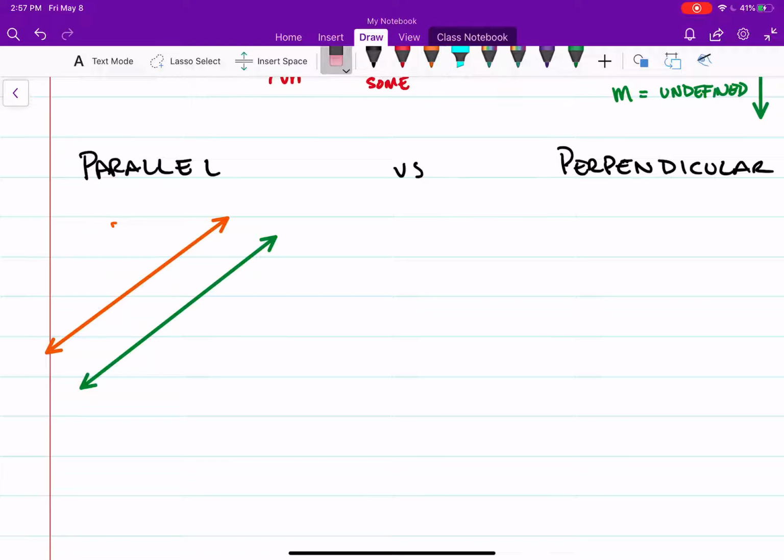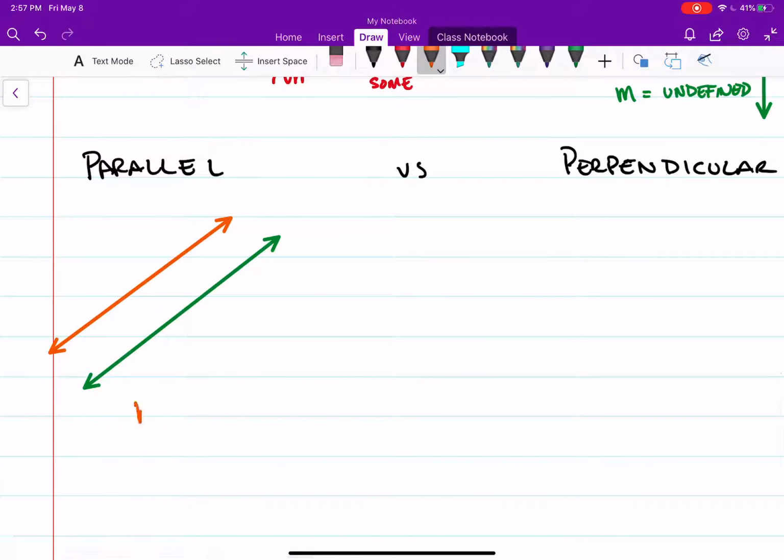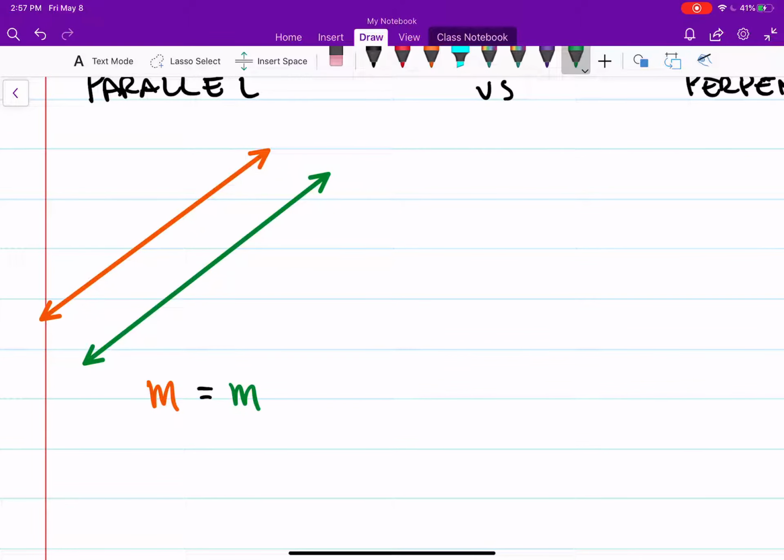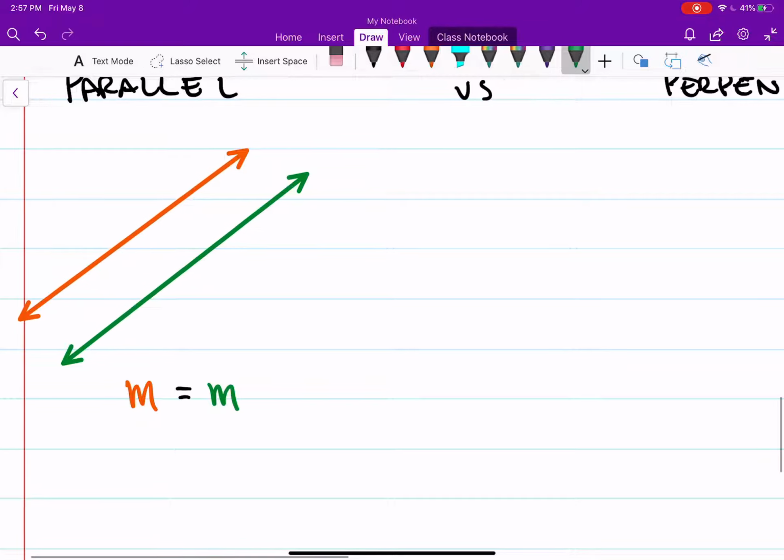Right? So what do I know? I know that the slope of the orange line is going to be the same as the slope of the green line, okay? So that means the two slopes are going to be exactly the same. Now, this is going to be the same slope but different y-intercept because they're parallel, right? So the slope is going to be the same, but they're going to intersect the y-axis at different points.